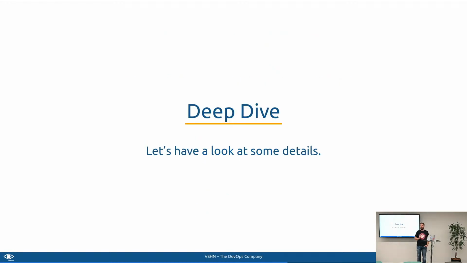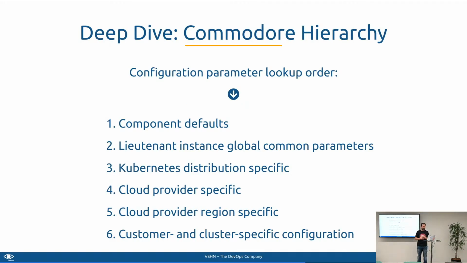So now we have seen an overview of the concept behind Project Syn. And now we can have a bit deeper look into what's going on behind the scenes. First and foremost, the most important part of Commodore is the configuration hierarchy. So that means you have the possibility to define common parameters which are the same on all your clusters.